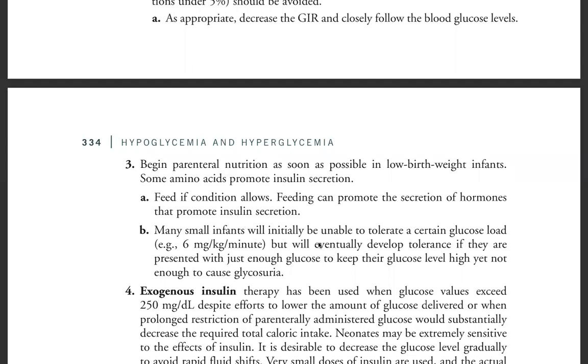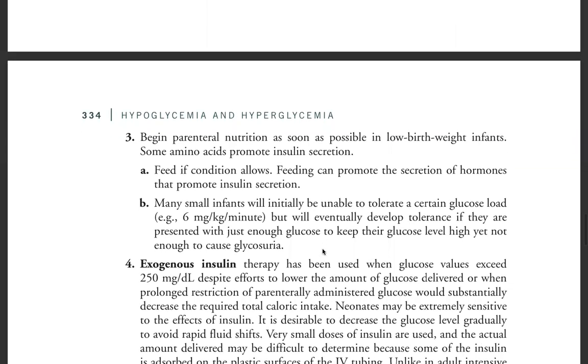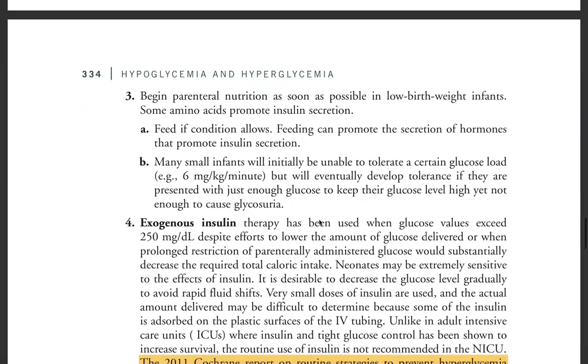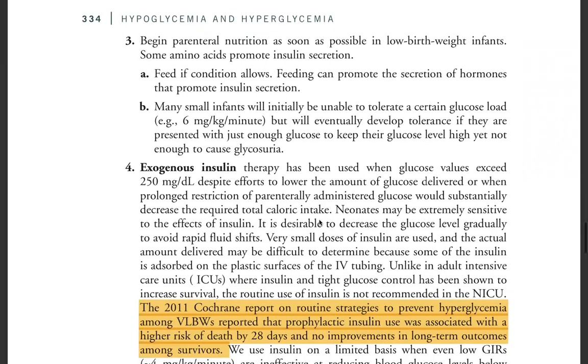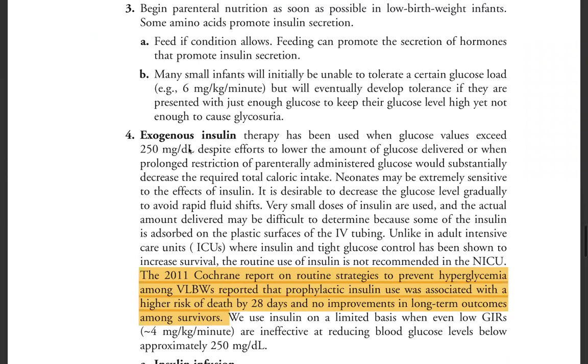A small infant will initially be unable to tolerate GIR, but eventually they will tolerate it. When and how to give insulin is what you should know. As I told, if the glucose is more than 250 even after lowering GIR, you give insulin.